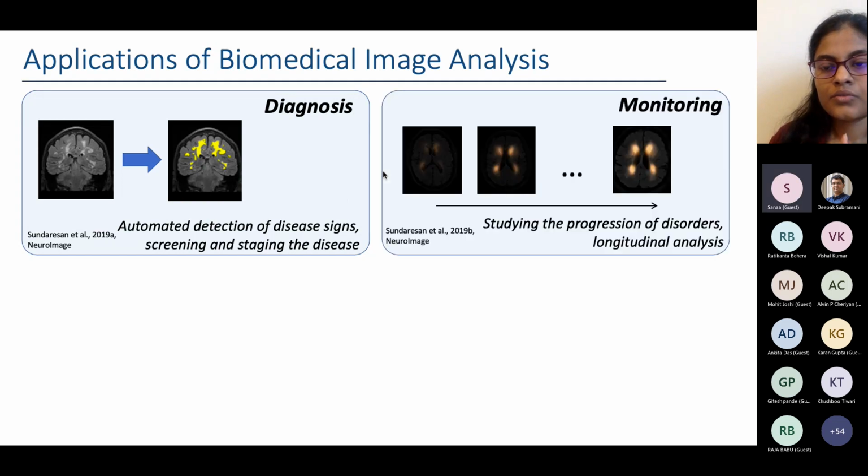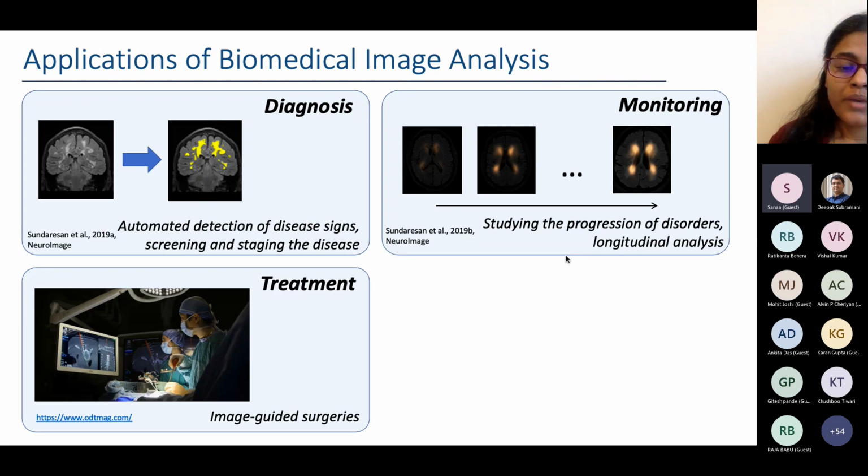And that leads to monitoring, another closely relevant area where we can study the progression of diseases. We also have something called longitudinal analysis, where we acquire imaging data from the same subject, the same patient, at different time points, so that we can see how the disease is progressing at each time point.